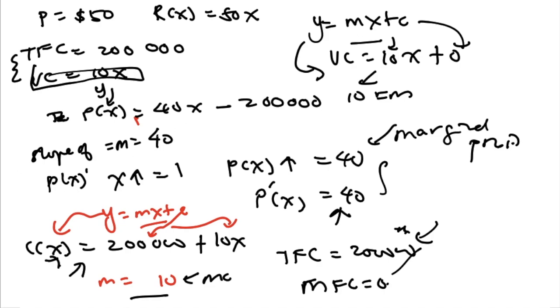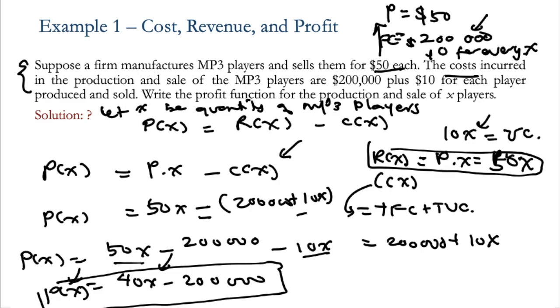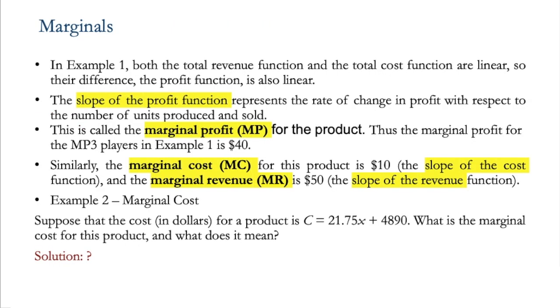If we have another example here, let's see this. Example 2, marginal cost. Suppose that the cost in dollars for a product is C equals 21.75x plus 4,890. What is the marginal cost for this product and what does it mean? Again, we have y equals mx plus c. So y is C here, x is this bit, and c is this one.